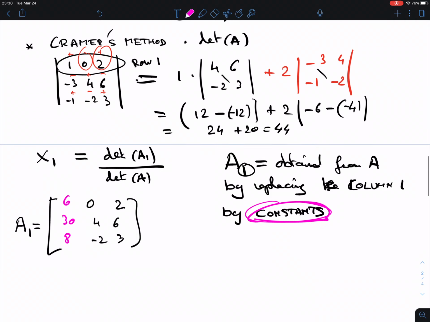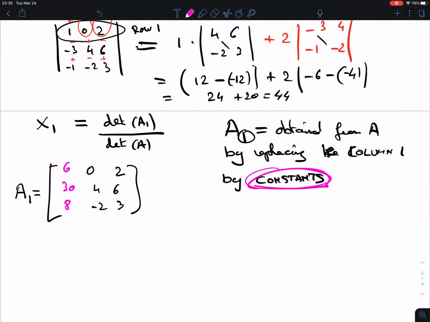Well, let's do this again with expansion along row 1. If I did a row reduction, I don't really have a good pivot, so perhaps this time I'm better off doing this method.